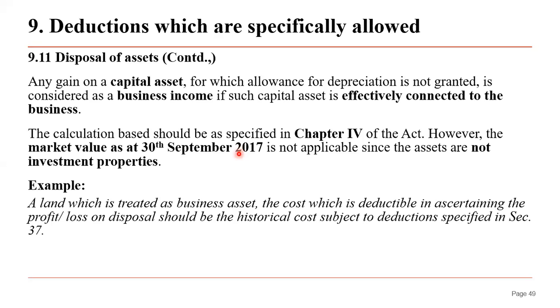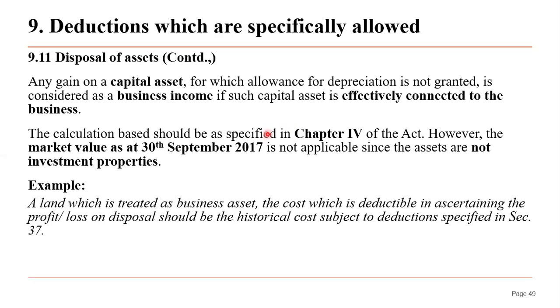Here, as an example, for a land which is treated as a business asset, the cost which is deductible in ascertaining the profit or loss on disposal should be historical cost, subject to deductions specified in section 37.